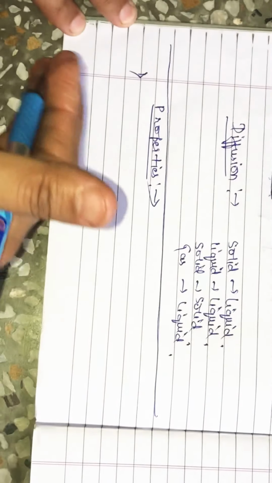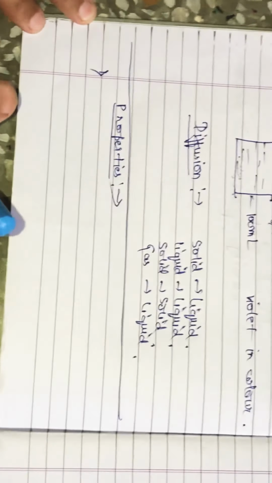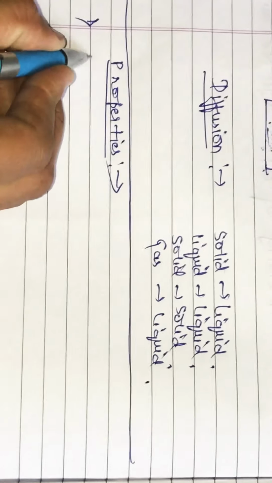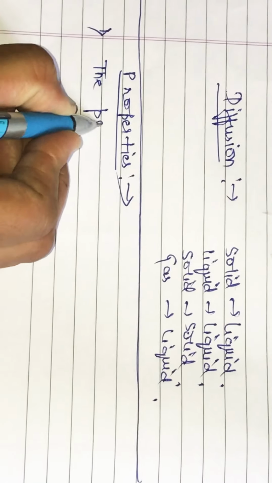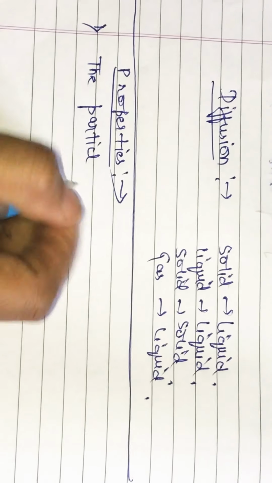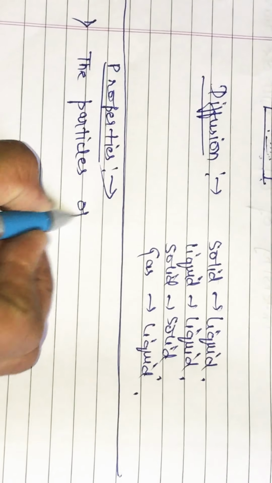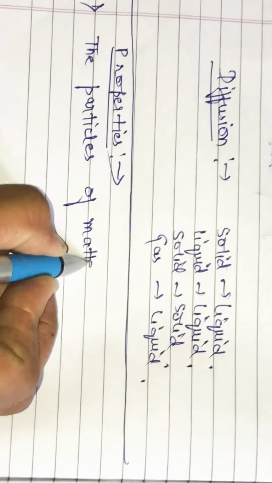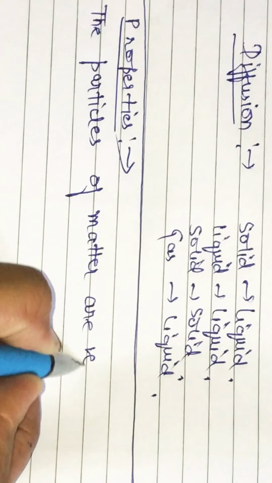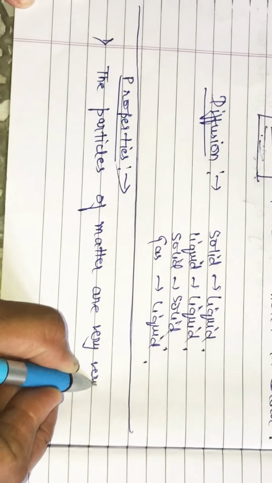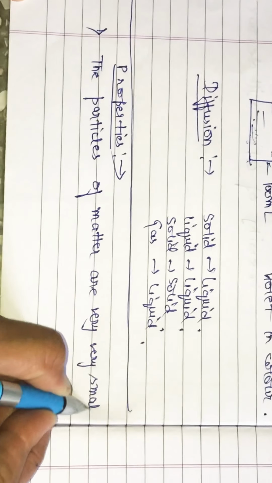You have to learn it in order and in a systematic way. First you said that matter is made up of particles, then second you are saying that these particles of matter are very, very small in size, very tiny.